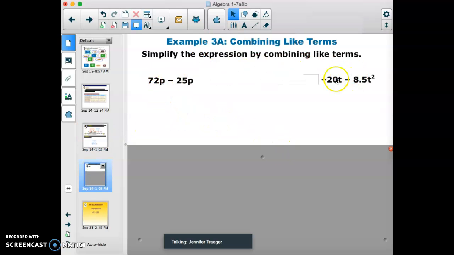I want you to, on your piece of paper, take a look at this 72p minus 25p and tell me how many P's you have. And again, you should have your calculator ready, so use your calculator if you need to. But the first thing you have to decide is, are both these piles exactly the same? Are they both blue M&Ms?